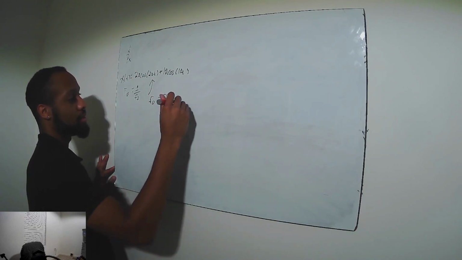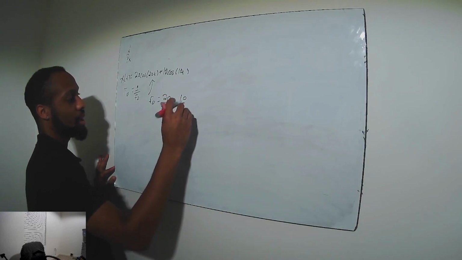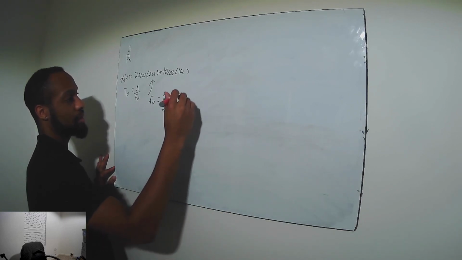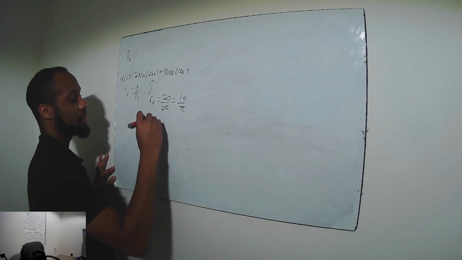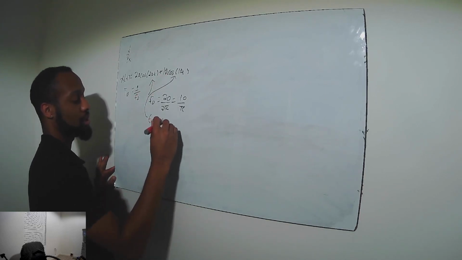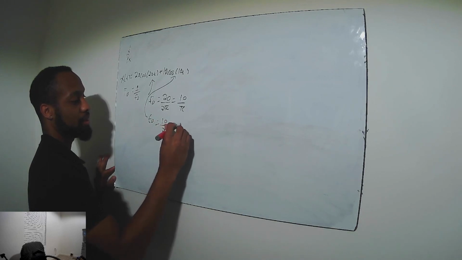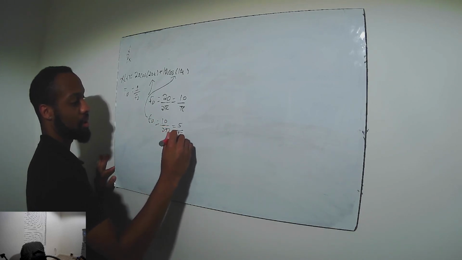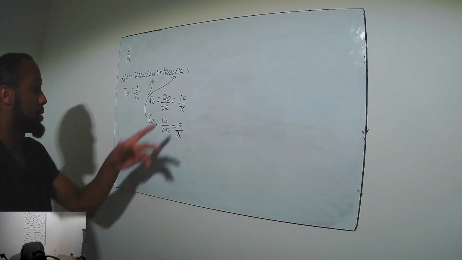So that's going to be 10 over pi for this one, and so this is F naught for that. And then for this one, it's going to be 10 over 2 pi, so you get 5 over pi. So that's both of their periods, and this is going to be important in a little bit.